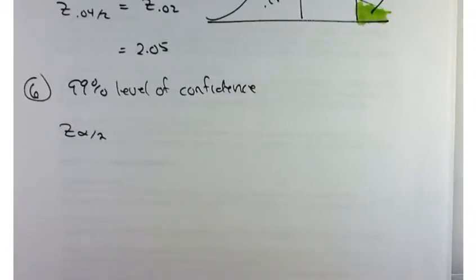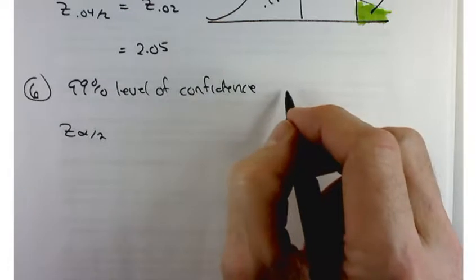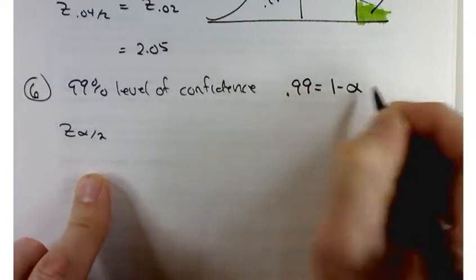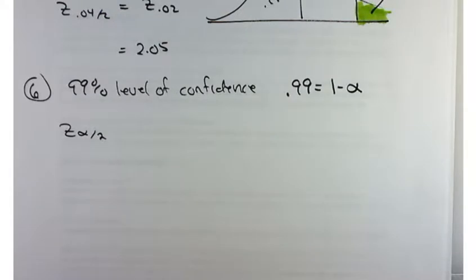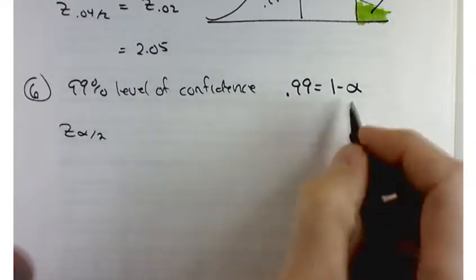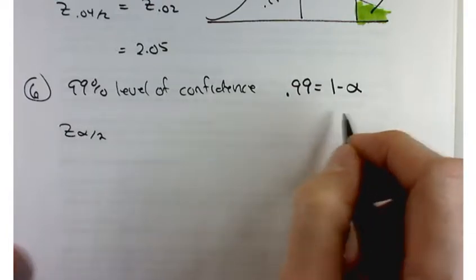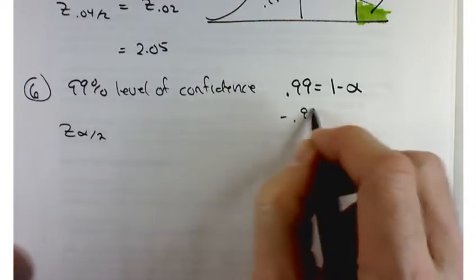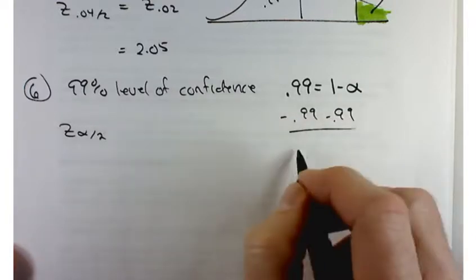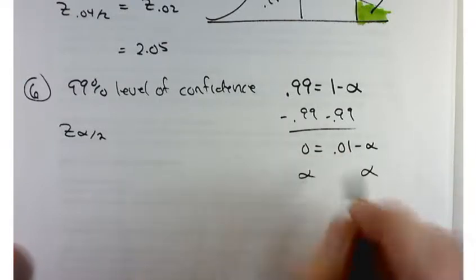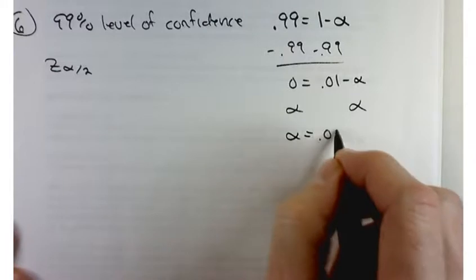So first things first, if we have a 99% confidence level, I'll write that as 0.99. 0.99 equals 1 minus alpha. So what does alpha have to equal? Yeah, you can solve for it. I can subtract 0.99 from both sides and get 0 equals 0.01 minus alpha, and then add alpha to both sides. Alpha is 0.01.